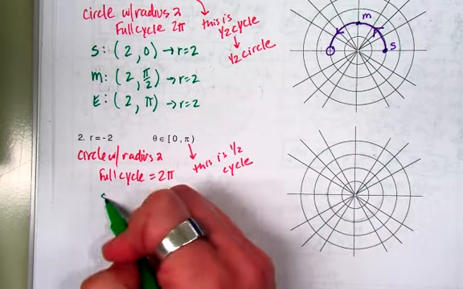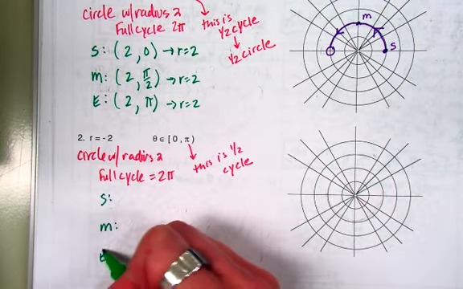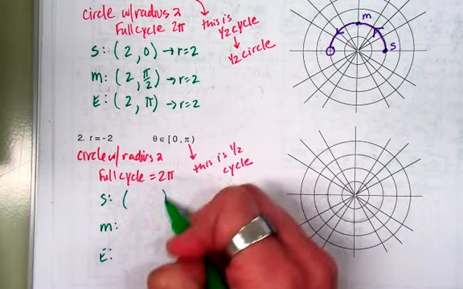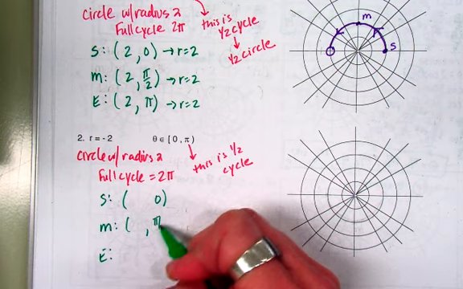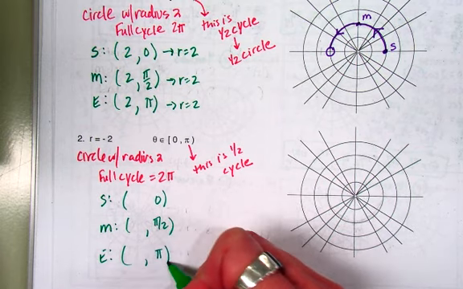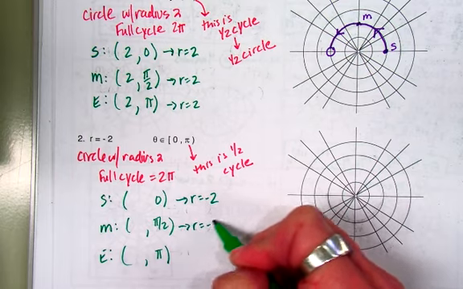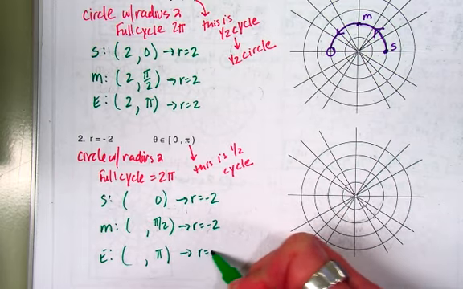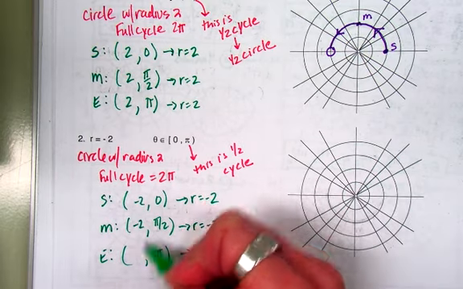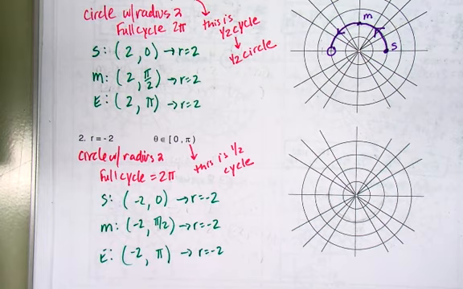So again, starting point, middle point, ending point. For this one, I'm still going to start at 0, pi over 2, and pi. But notice for all of these ones, r is negative 2. And so as I go through and go to graph these now, you should see where we end up.